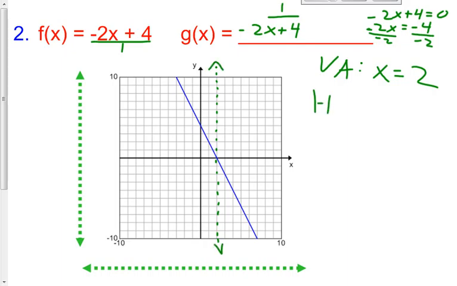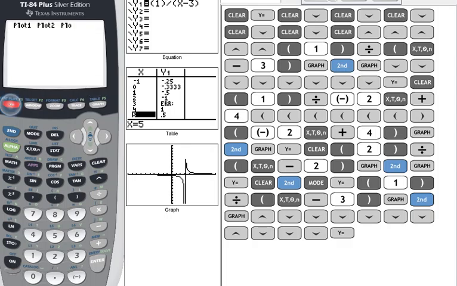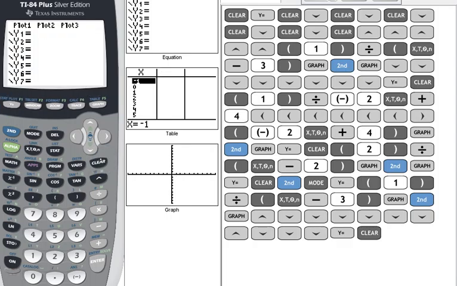To find our horizontal asymptote, let's use our graphing calculator. So let's erase our last one in our graphing calculator, and let's put in this reciprocal function. So going to our calculator, y equals the function 1 divided by, so put 1 in parentheses, divided by, parenthesis, negative 2x plus 4.